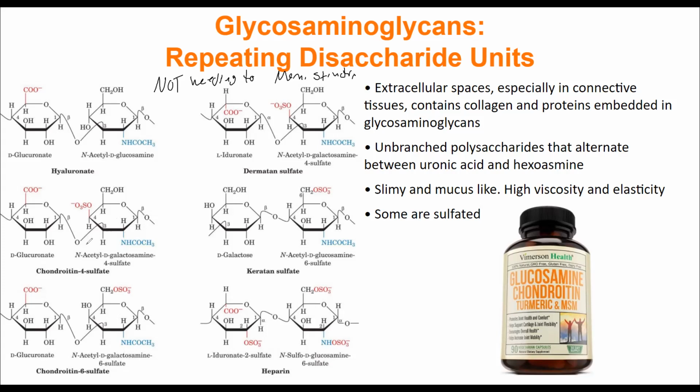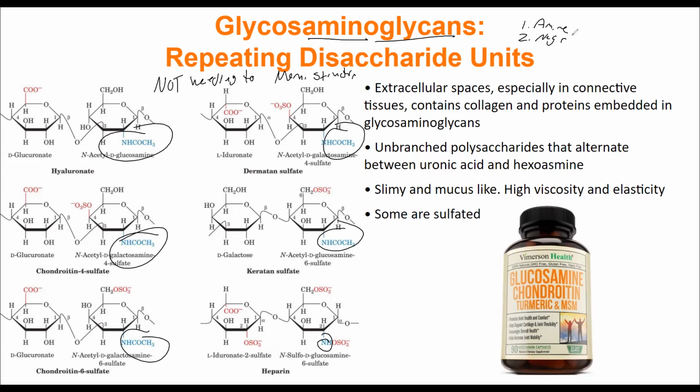But what these molecules are, in the name aminoglycan, you have taken one of your hydroxyls and you put an amine group there. Also, for glucosaminoglycans, not only is 1, they have amines, 2, they are negatively charged.